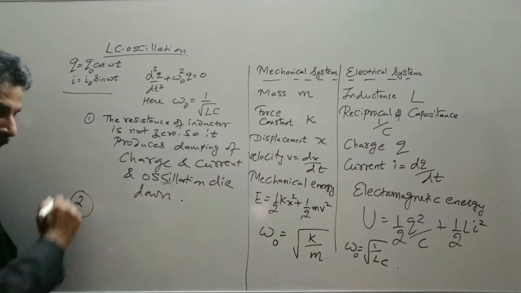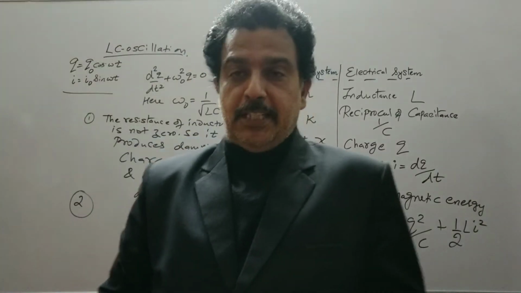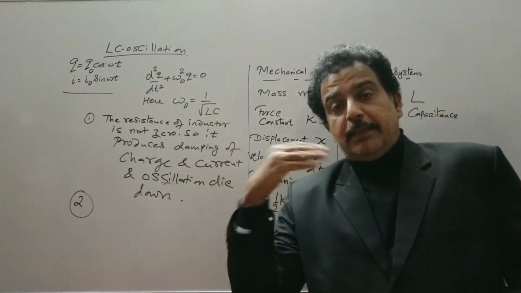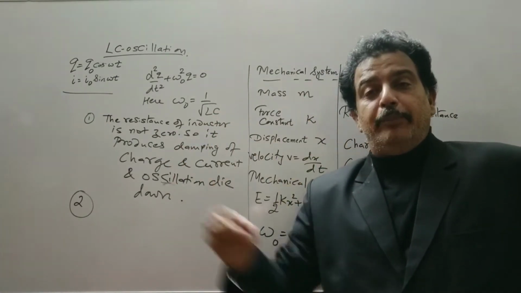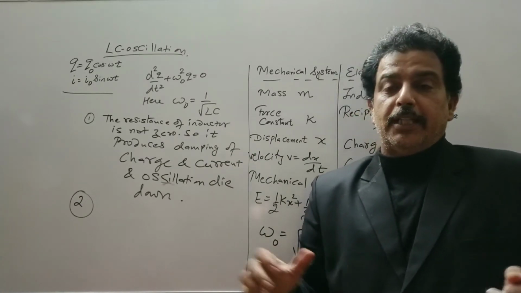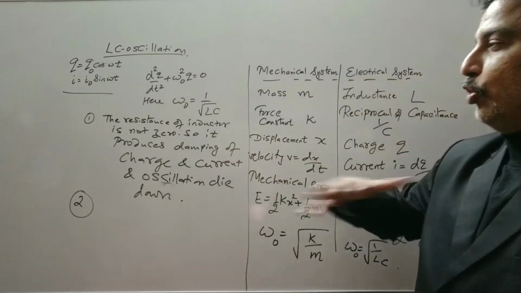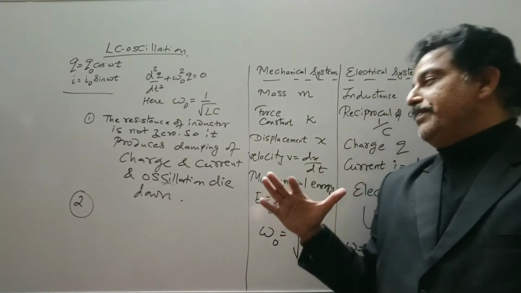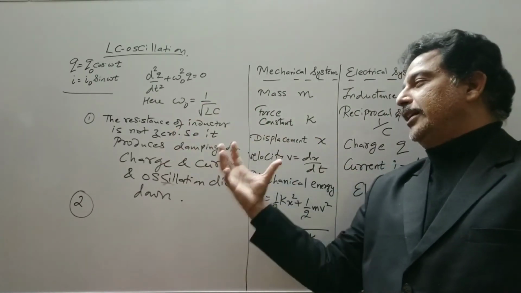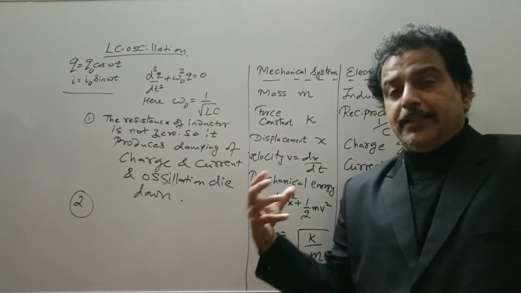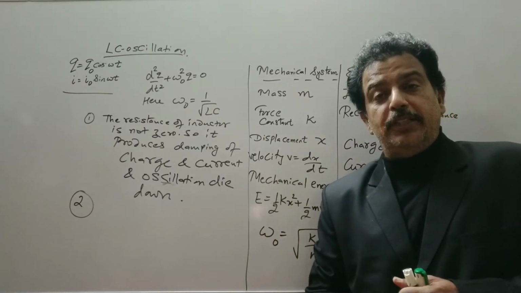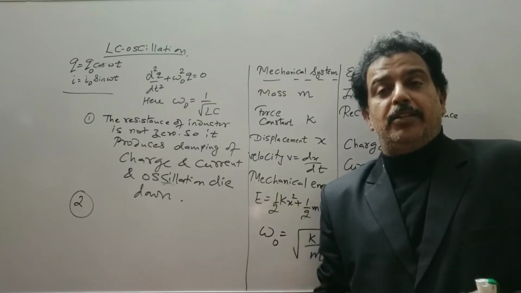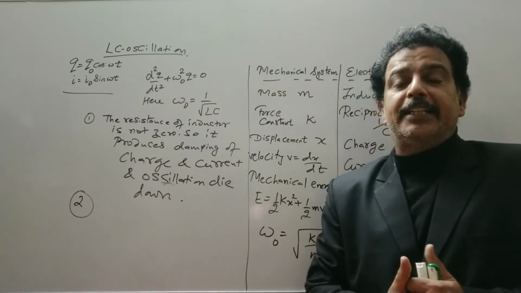So we assume that the inductor has some resistance. The simple harmonic oscillation where we have assumed the damping to be zero is not the case in actual practice, and slowly with the passage of time, this resistance produces the damping of the charge or the current in the circuit. However, even if the resistance is not zero, the total energy of the system starts decreasing.